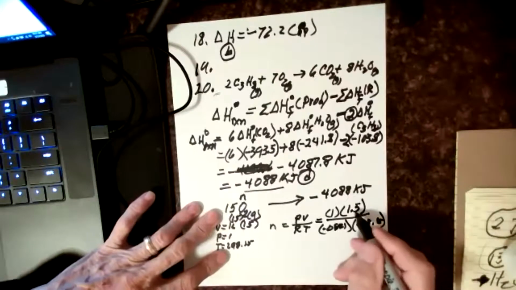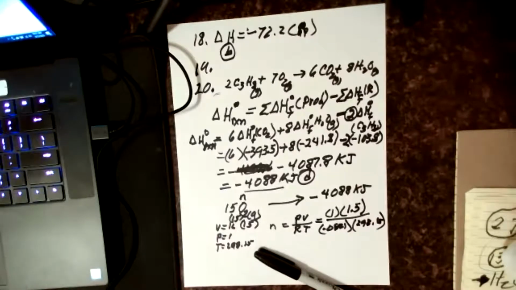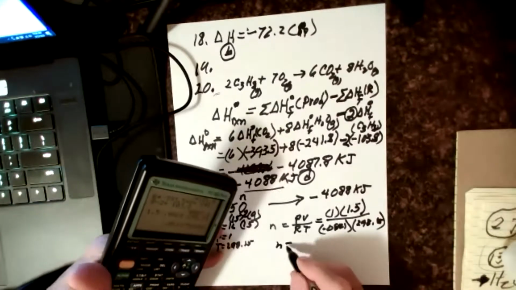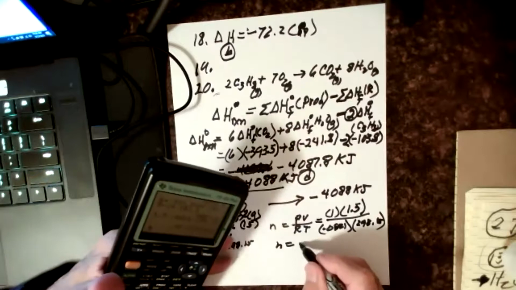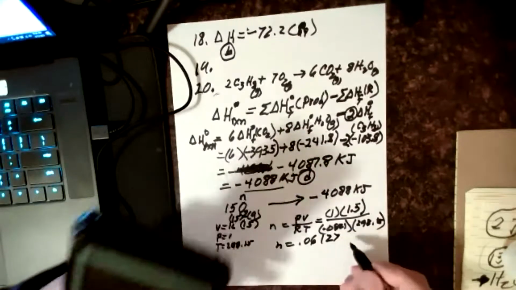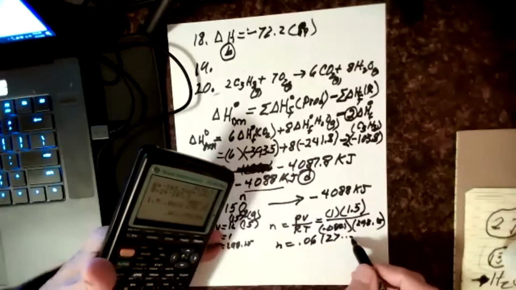So that divided by that will give me my answer. So 1.5 divided by 0.0821 and divided by 298.15 is my number of moles, n, which is going to be equal to 0.06127 and some more digits. Okay, so that's my number of moles.